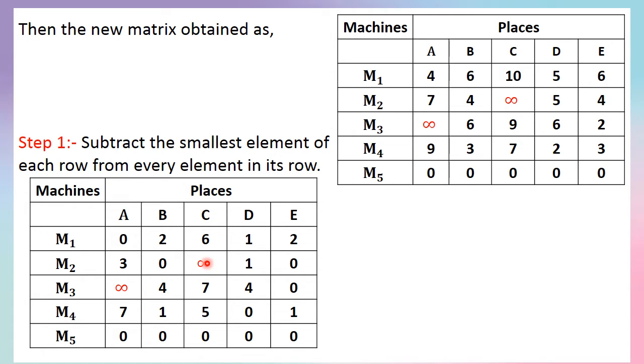It is just like if we remove one drop of water from the ocean, there is no change. So we write infinity as it is. And in M3 also there is no change in infinity, the remaining elements will be subtracted. So we get this matrix, and in the last row there is 0, so there is no change.